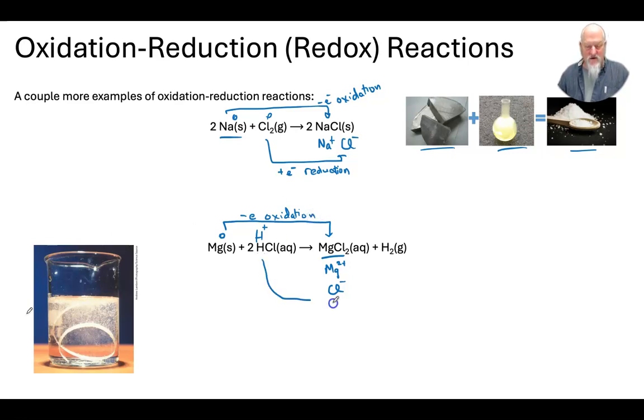And the hydrogen is going from H+ to H0 because that's its elemental form. That's how we find it in the atmosphere at room temperature. So that's gaining electrons, because it's going from H+ to H0, and that's reduction. So the magnesium is being oxidized, and the hydrogen is being reduced. Or magnesium is going through oxidation, and hydrogen is going through reduction.